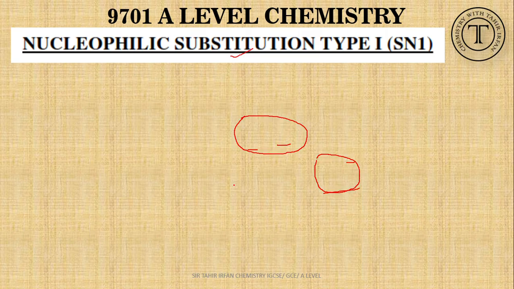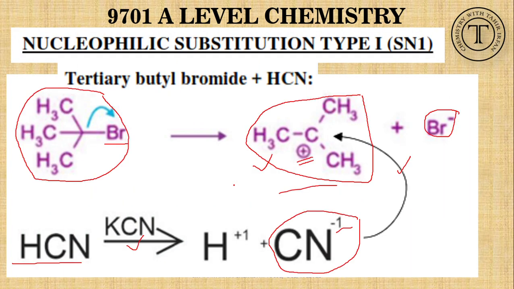So coming back to the same mechanism, in nucleophilic substitution type 1, the chemical reaction takes place in two steps. In the first step, this one, there is always a stable carbocation that is formed because the halogen atom, bromine or chlorine or iodine, ionizes and gets separated from that particular molecule.